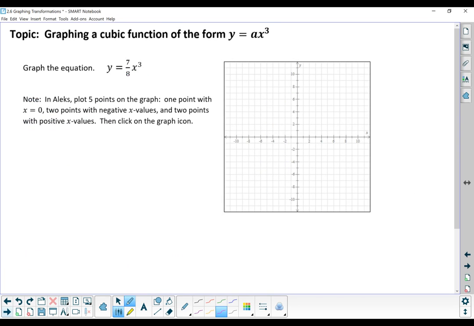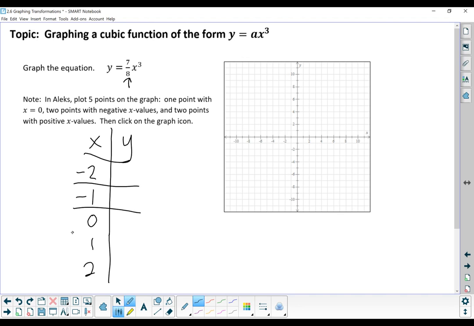Okay. The next topic is graphing a cubic function. For this one, I would absolutely recommend that you use a table of values. These almost all have a fraction stretch. So you can just use -2, -1, 0, 1, and 2 for these. They are kind of centered at the origin.